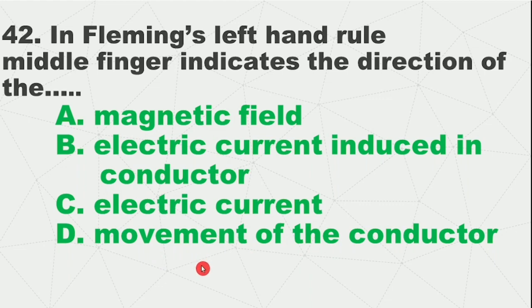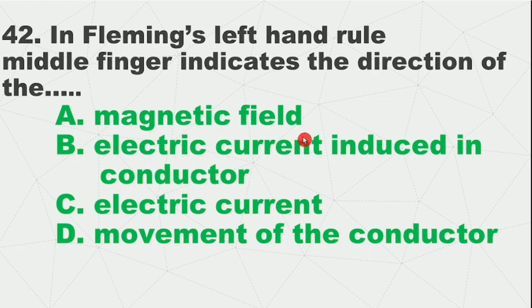In the left hand rule, if you keep 3 fingers, the middle finger, index finger and thumb, perpendicular to each other, the middle finger will show electric current, the thumb will show movement of the conductor and the index finger will show magnetic field.